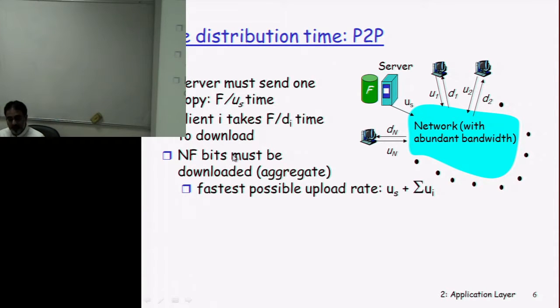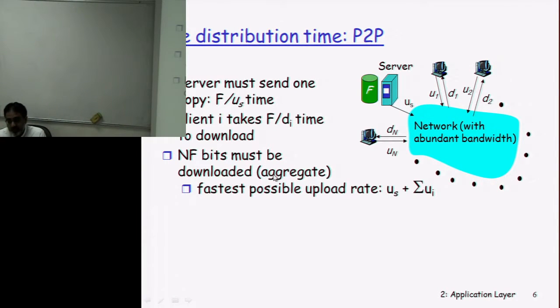So NF bits must be downloaded in aggregate. NF bits means the file size F multiplied by the number of peers N, because there are N computers, and they must each download the F bits, the size of the file.